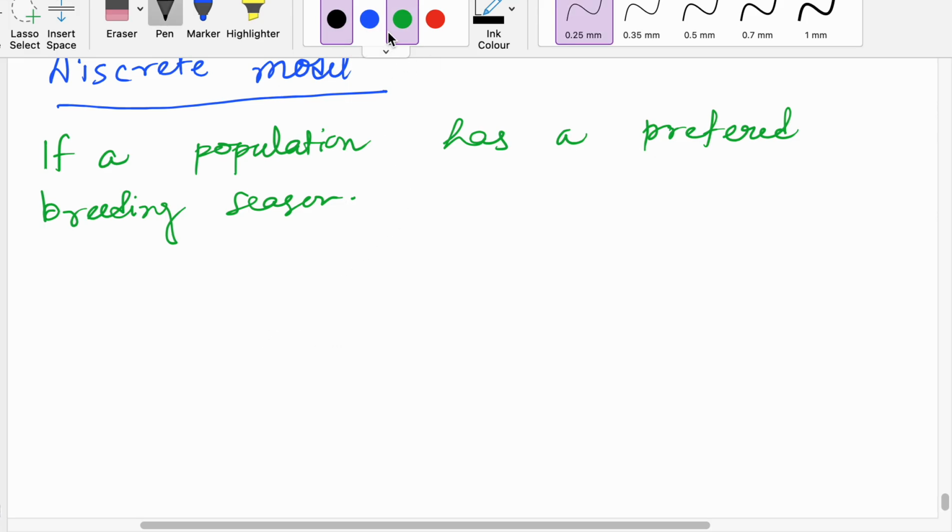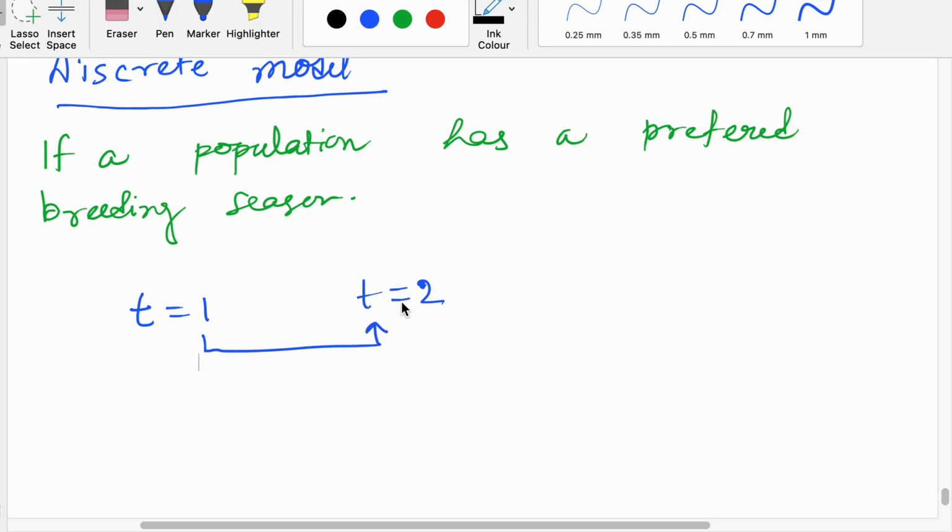So if I observe the population between the first generation and the second generation, from the point where reproduction didn't happen, the population will remain the same, because no individuals will be added and no individuals are dying.